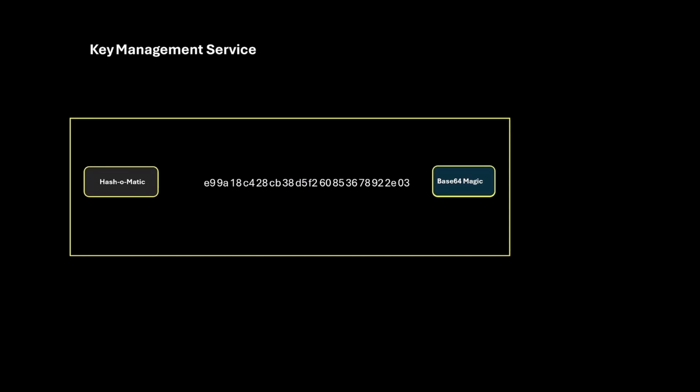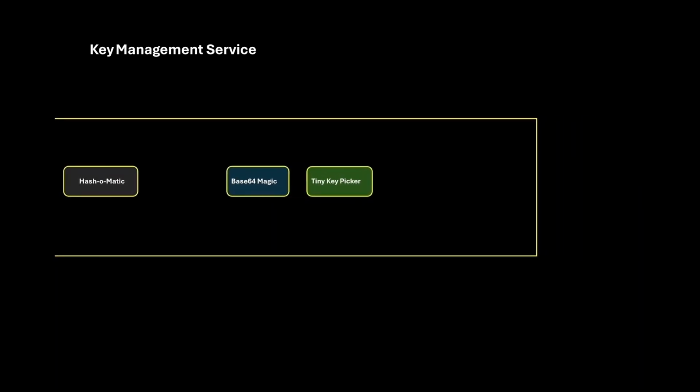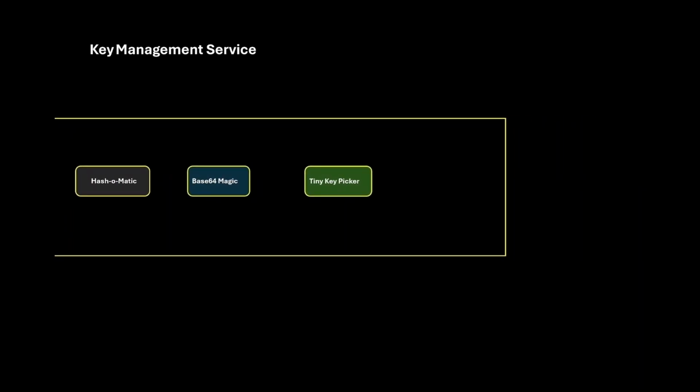The next module is base64 magic, which reads that generated MD5 string and then generates the equivalent base64 string. Once the base64 string is generated, there is another module called TinyKeyPicker. This TinyKeyPicker does nothing but read that base64 string and take the first 7 characters of it.